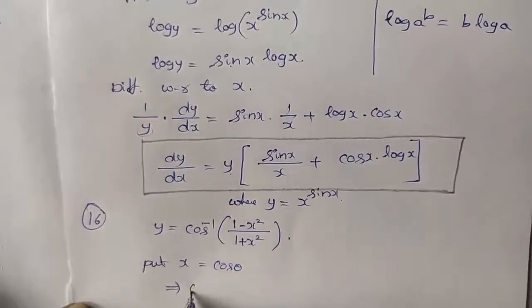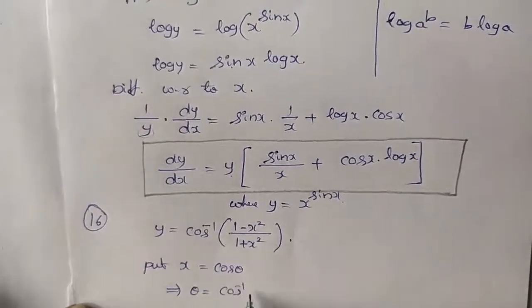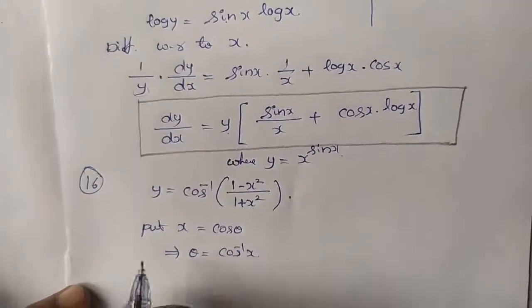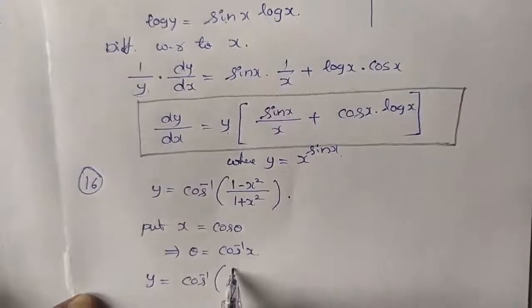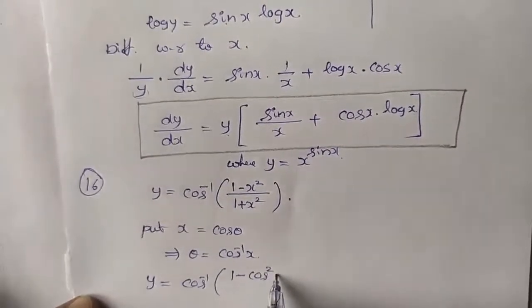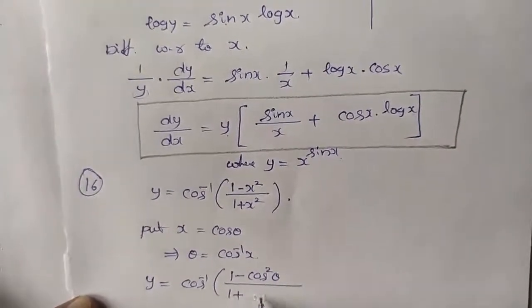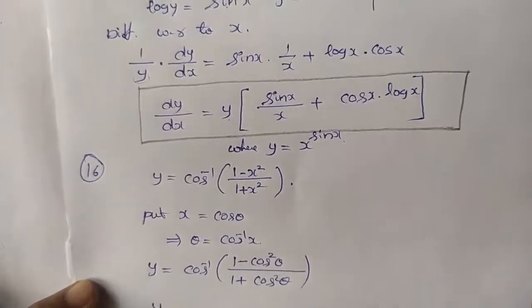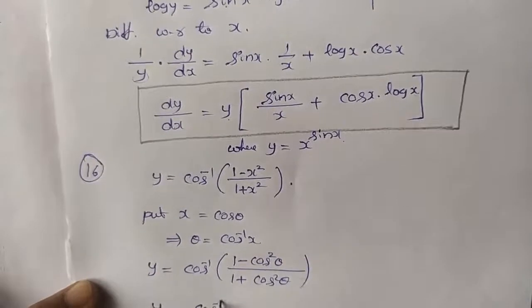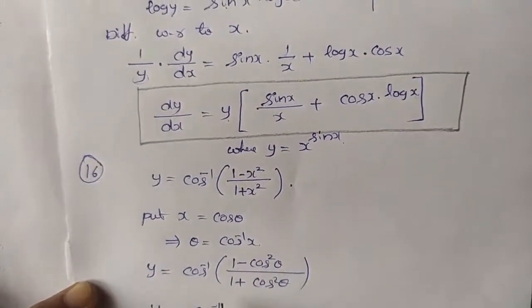Then theta equals cos inverse x. If we put x equals cos theta, then what we will get? y equals cos inverse of 1 minus cos square theta divided by 1 plus cos square theta.